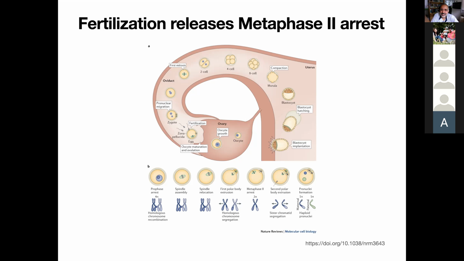So anyone else want to chime in? Meghna. Would it be to do with external fertilization versus internal fertilization? Could be something like that. So I think it's something like that.